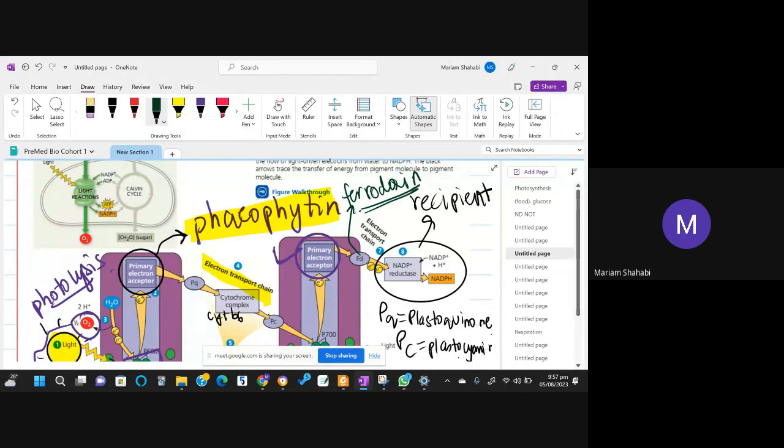अब ये एक enzyme है. ये NADP plus जो electron carrier है उसको लेगा और इसको convert कर देगा NADPH में.